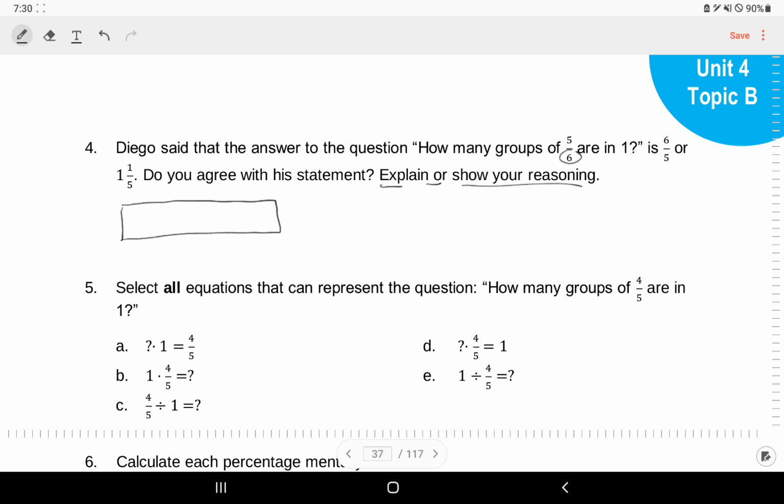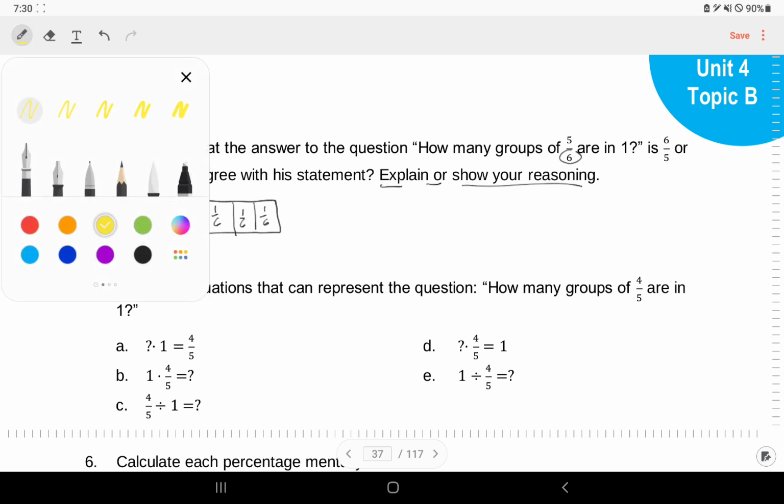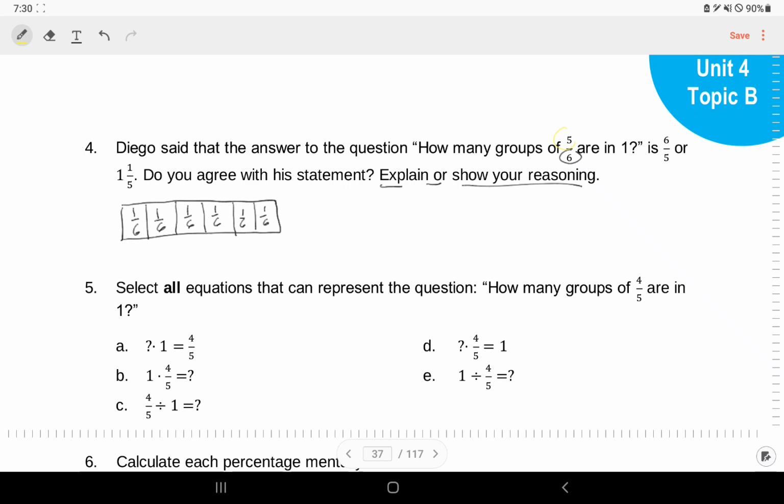Well, we want 6ths, so 1, 2, 3, 4, 5, 6. Each of these is 1/6. Well, we want a group of 5.